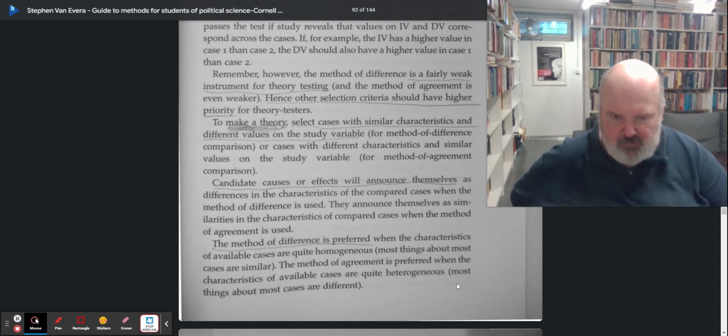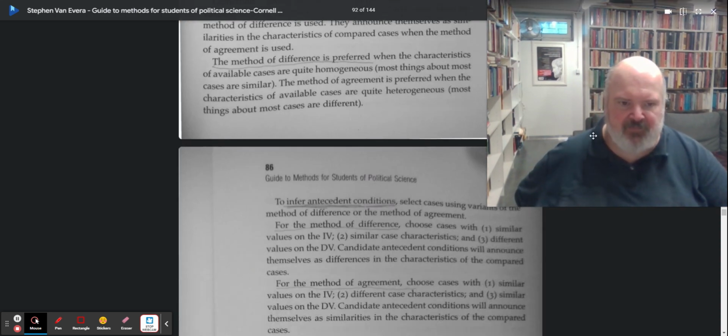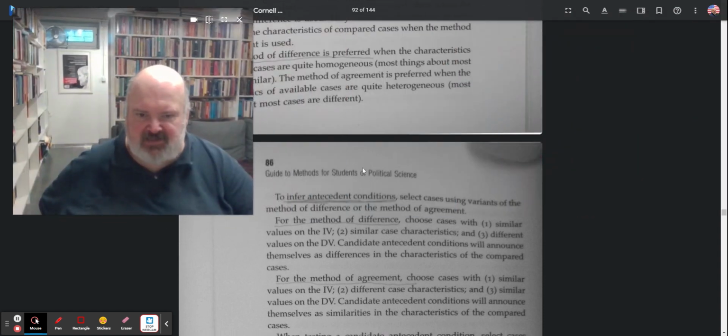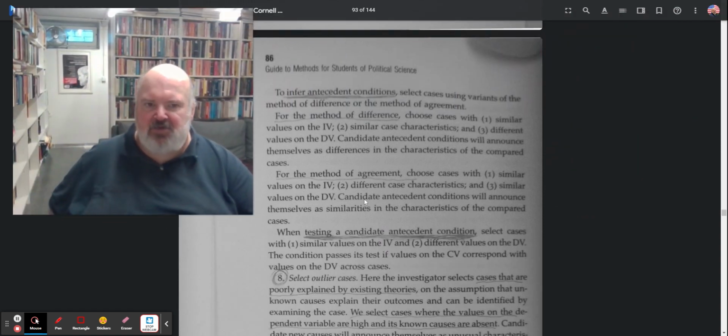So when the things about the cases are different, use the method of agreement. When most things about the cases are the same, use the method of difference, right?